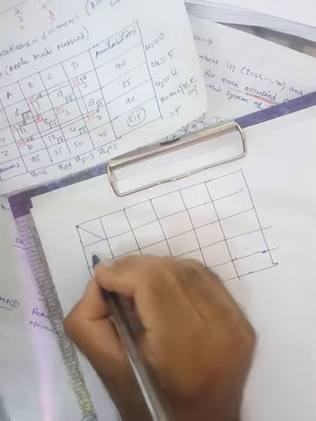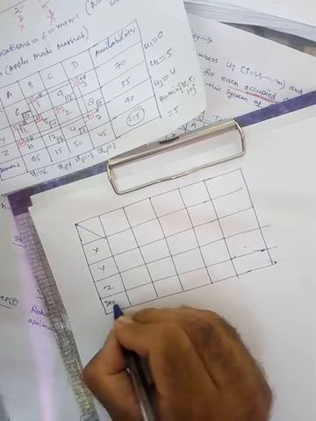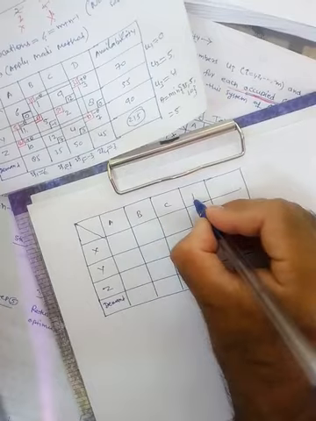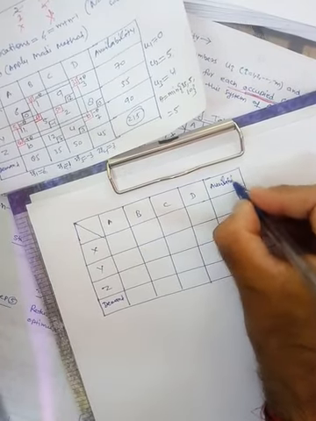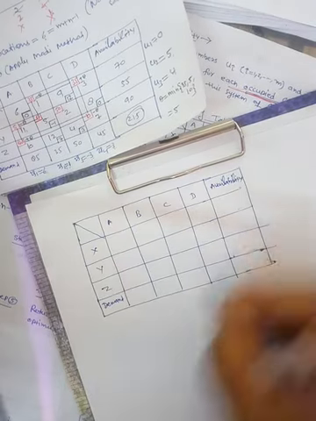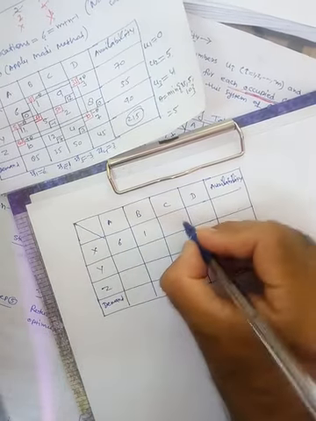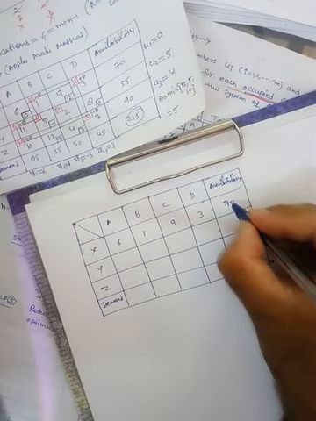So here is X, Y, Z demand. Here is A, B, C, D and availability. Fine. Here is 6, 1, 9, 3 and 70.